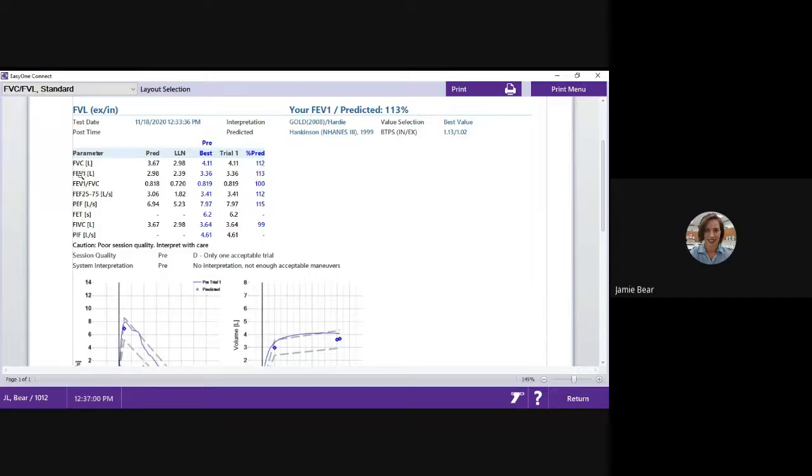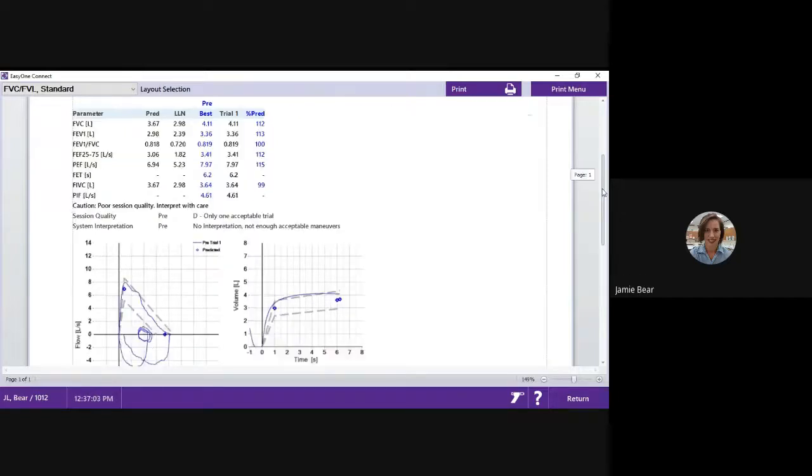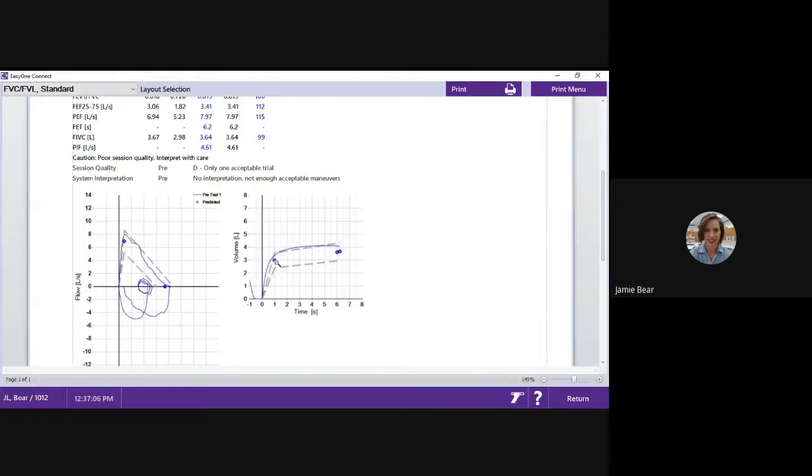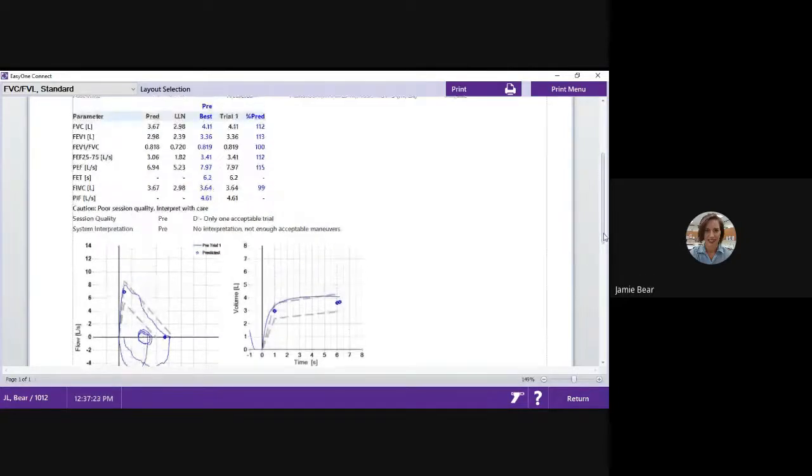Then we come down to our forced expiratory volume in 1 second. That's represented down here by this, the first 1 second, and over here by this value as well. This is the first 1 second of the whole flow volume loop. With good muscle strength and patent airways, and a lack of dynamic airflow obstruction, one should be able to easily blow out 83% of their whole volume in the first 1 second of their breath.